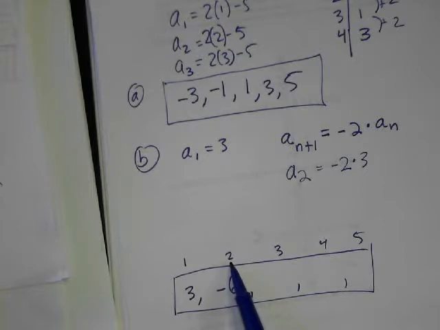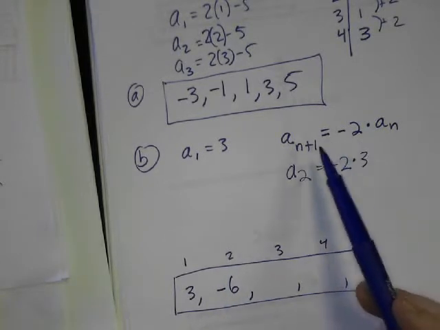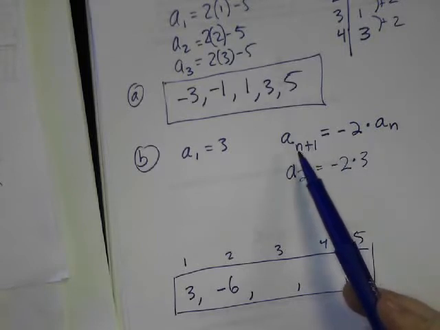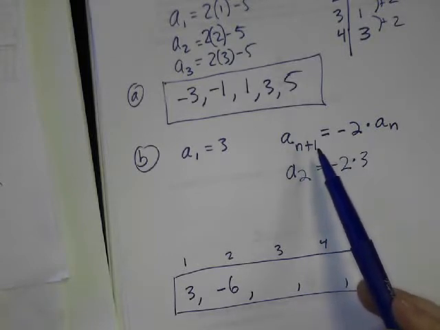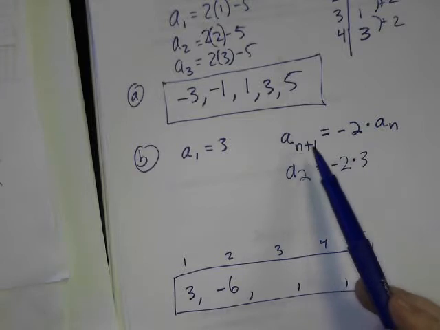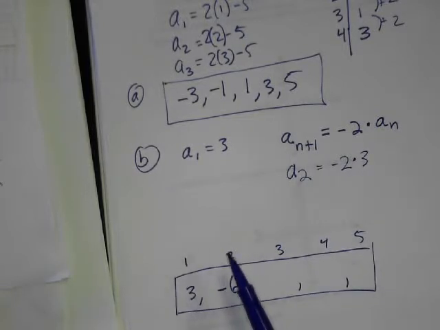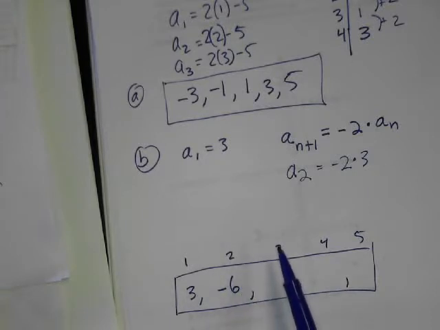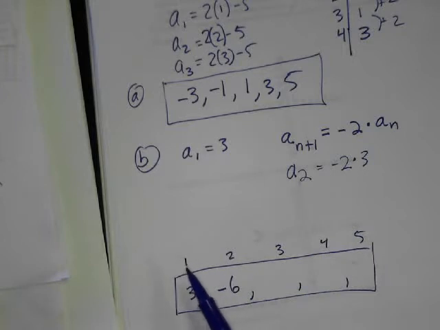I have to take the second term times negative 2, because that's what this is telling me. This is saying how you get to the term right after the term you have. Like when you go from this term to this term, don't you have to add 1? n plus 1, and from here to here, isn't that plus 1 and plus 1? So if this is n, this is n plus 1.